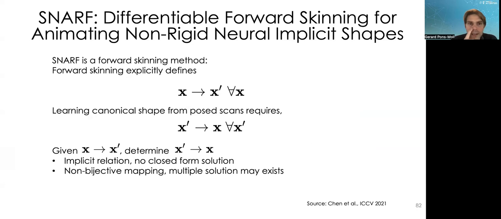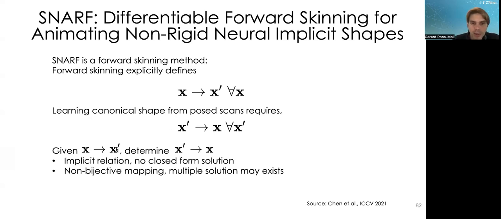So what's the key idea here? In forward skinning, you have from canonic space x to pose space x prime for all x's. And learning a canonical shape from scans requires knowing the inverse: for every x prime, I need to know what the canonical point is. This is what we were solving with inverse skinning.